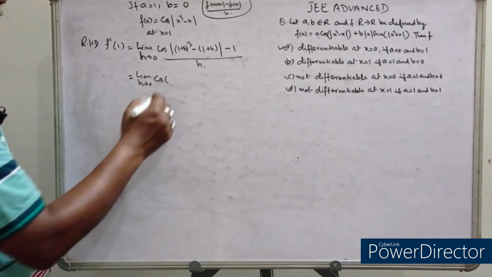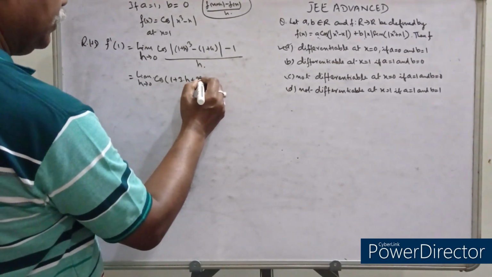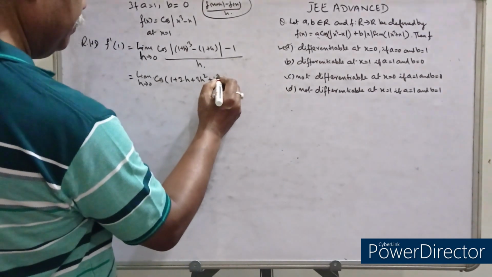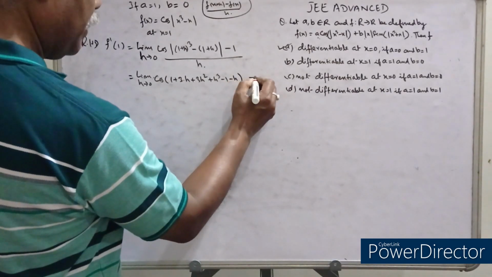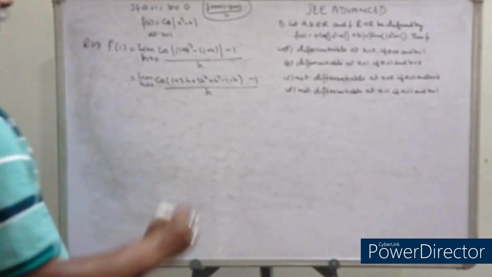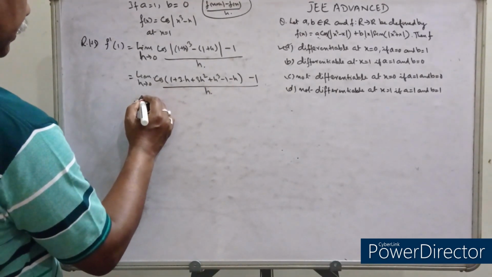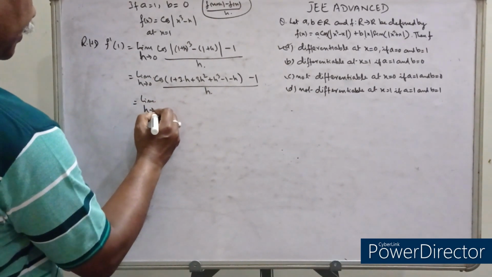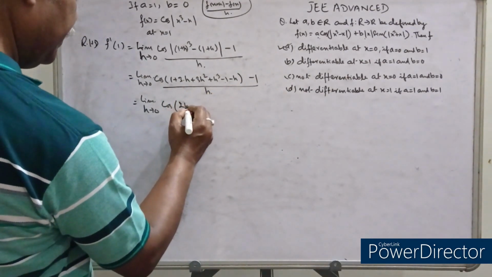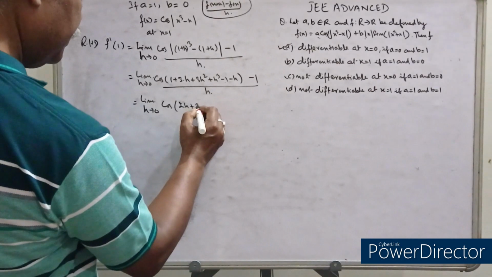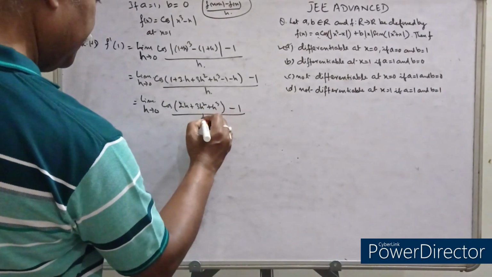So here 1³ + 3h + 3h² + h³ minus 1 minus h, minus 1 by h. Here you see this cancels out, so this will be limit h tends to 0 of cos(2h + 3h² + h³) minus 1 by h.